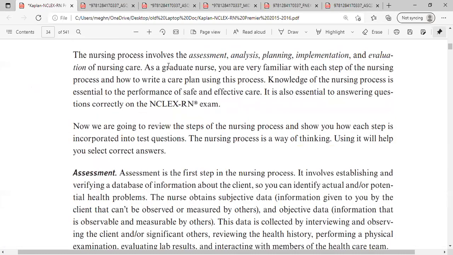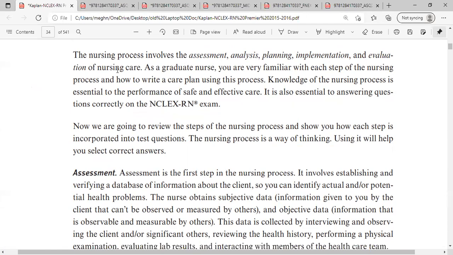The nursing process involves assessment, analysis, planning, implementation, and evaluation of nursing care. So I said the nursing process is very important.